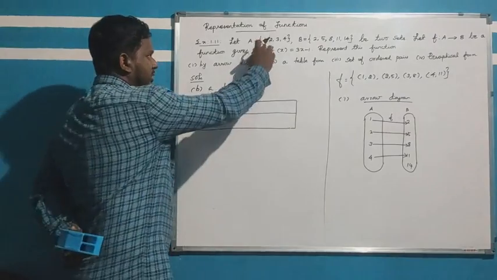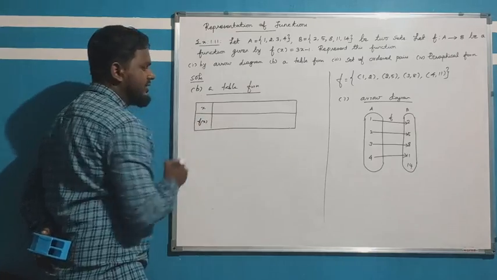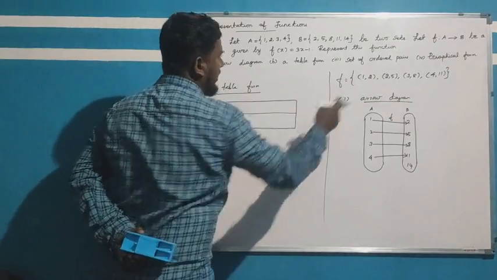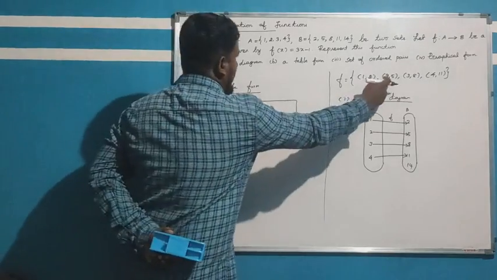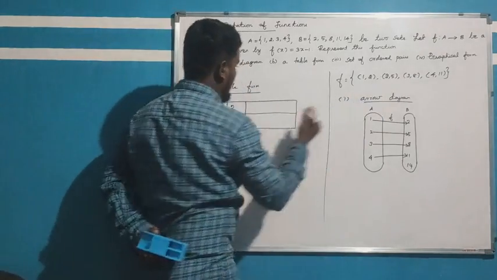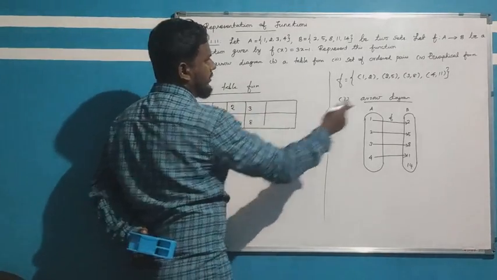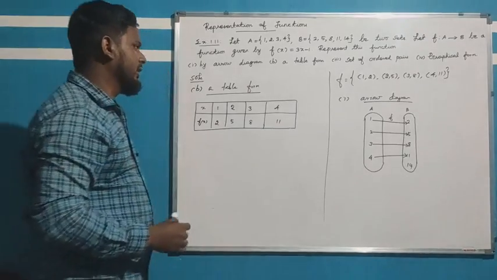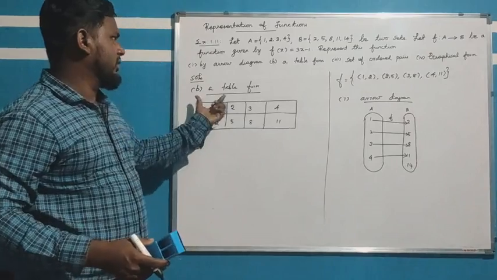So x and f of x: if you take 1, you get 2. If you take 2, you get 5. If you take 3, you get 8. If you take 4, you get 11. So here, what is x? What is f of x? So we did the table form.